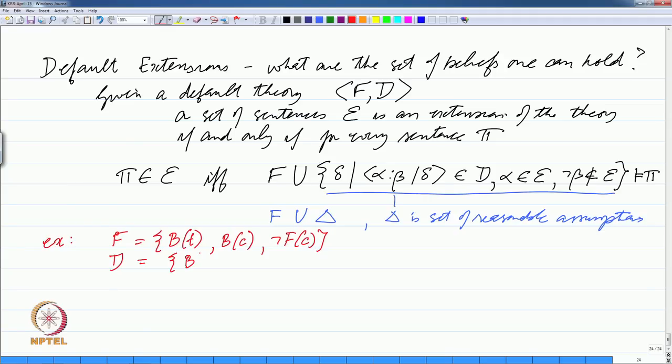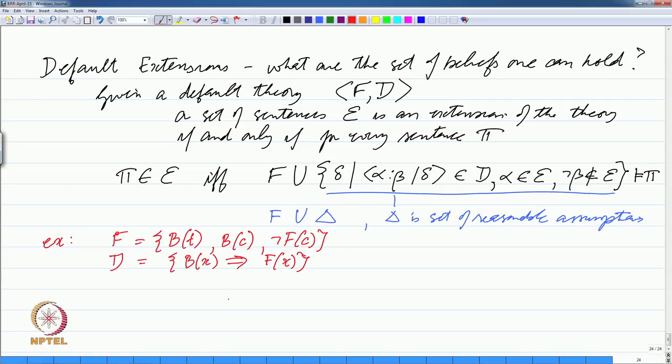You can assume them to be different here. No, it does not matter whether different or same in this case, I think. X. So, if we take this example, then you can see what are the assumptions we can make.